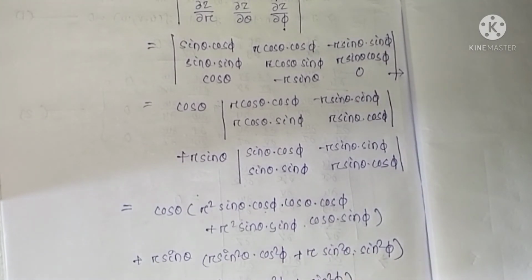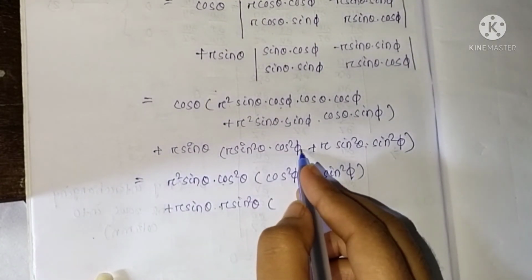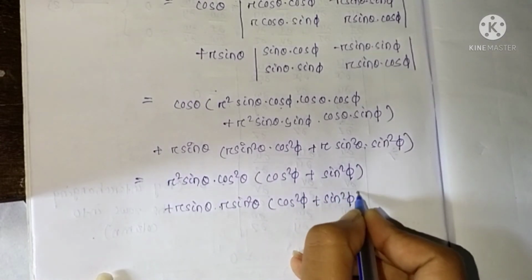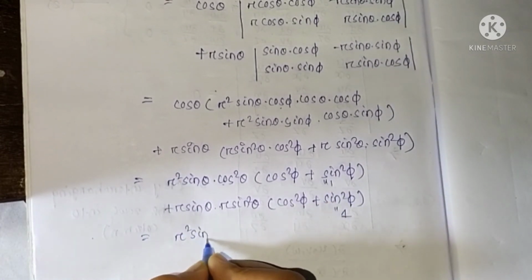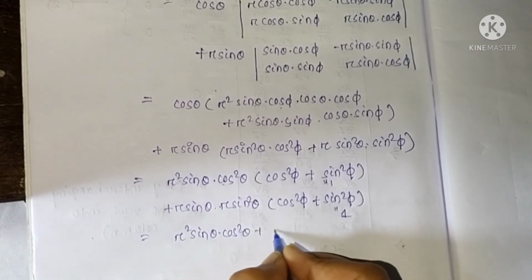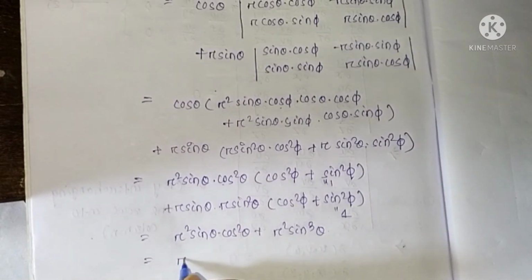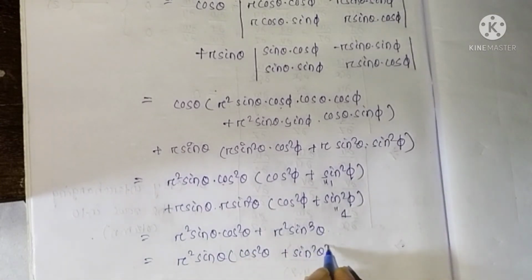In the next term we take common r² sin³ θ, times cos² φ plus sin² φ. Here cos² φ plus sin² φ is 1, and it is also 1. So we get r² sin θ cos² θ plus r² sin³ θ. Taking common r² sin θ, cos² θ plus sin² θ is 1.